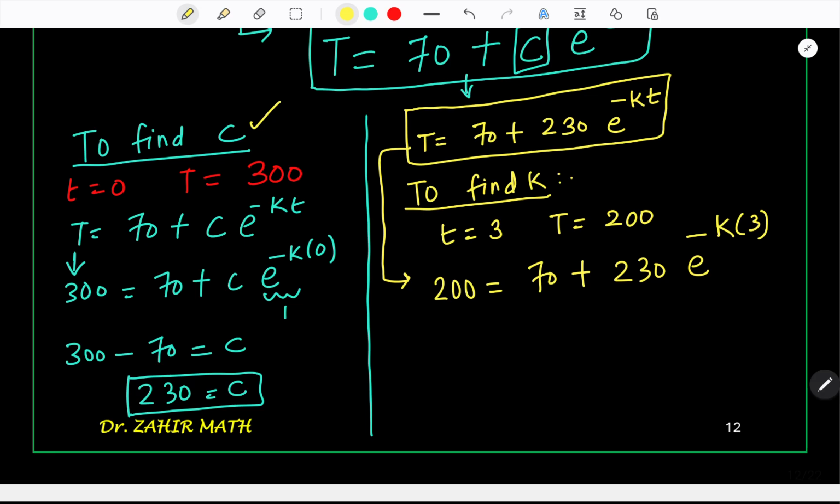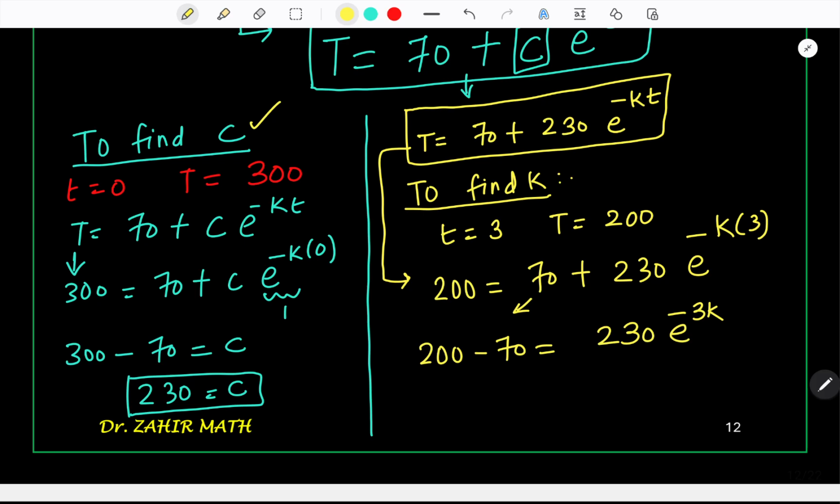It's a big equation. When you directly go to the calculator, it may take too much time, so try to simplify as much as possible. For example, 200 minus 70 gives 130. Let me write the step, otherwise you'll ask how 130 came. So 200 minus 70 is equal to 230 e power minus 3k.